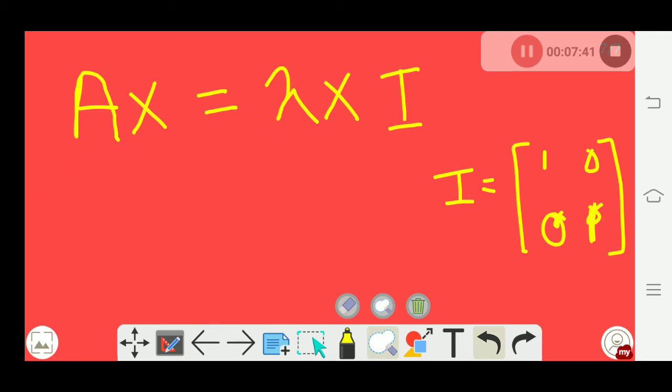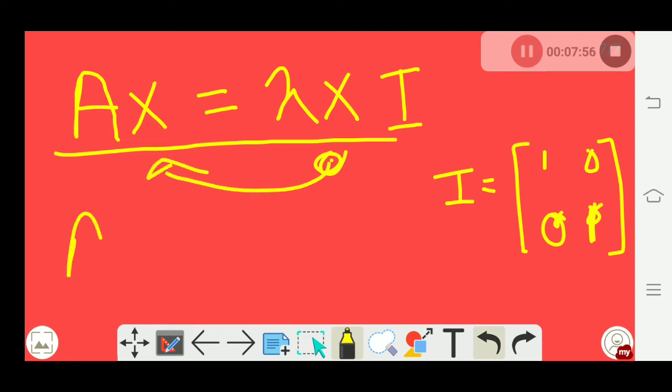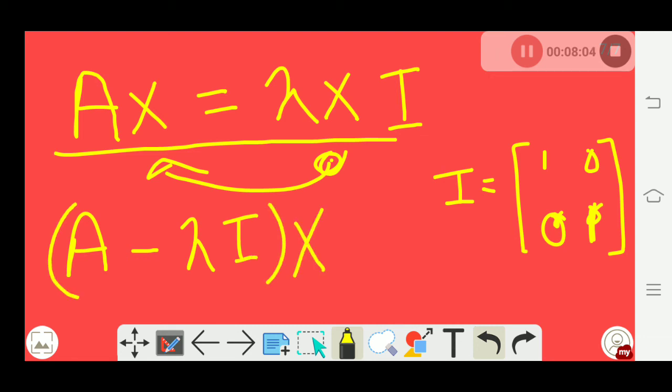So we get this equation. We can take this side to that side, and it becomes A minus lambda I times X is equal to 0.